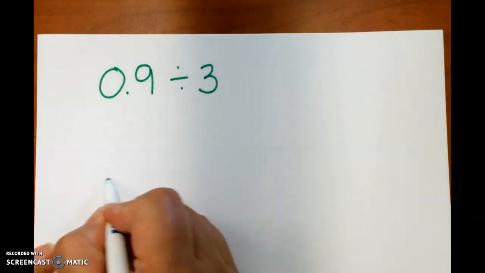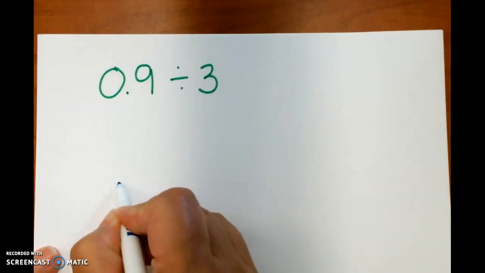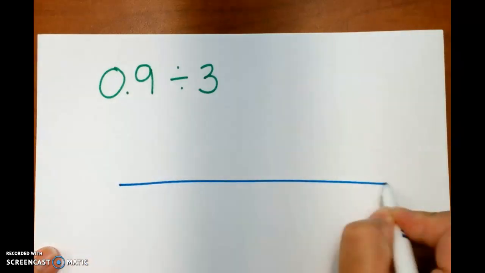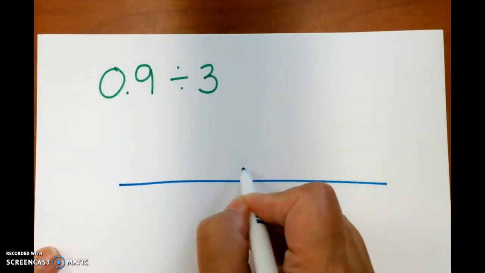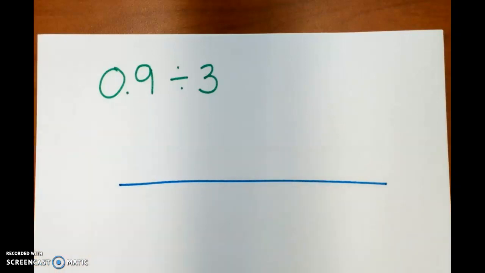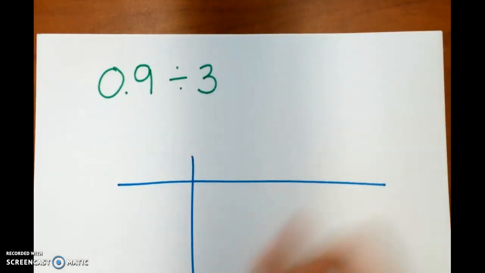So I have 9/10. And when I have 9/10, let's first start off with our place value chart.